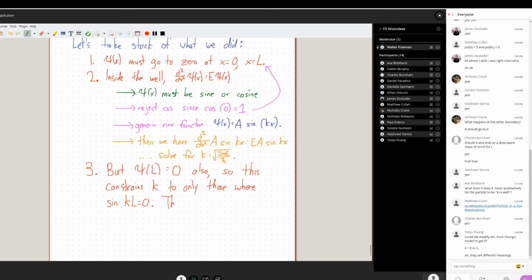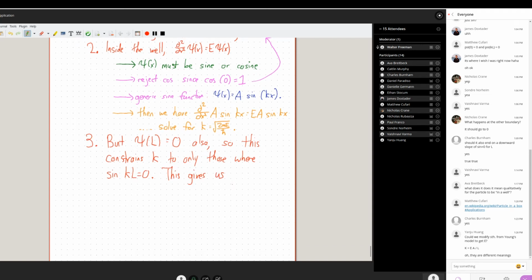The only values that have a sine of 0 are integer multiples of pi.